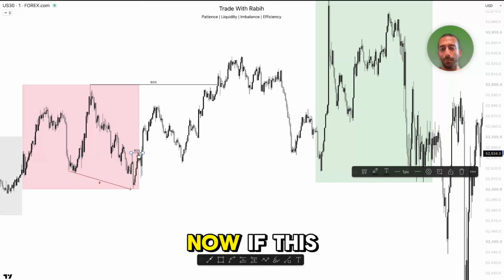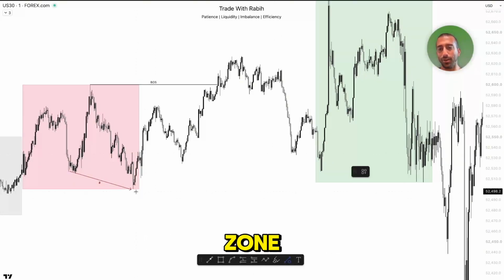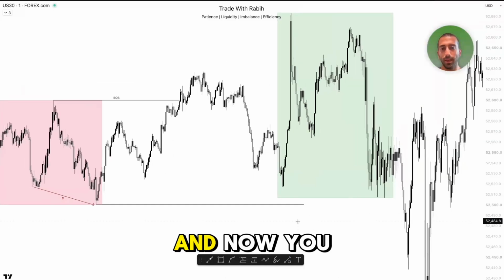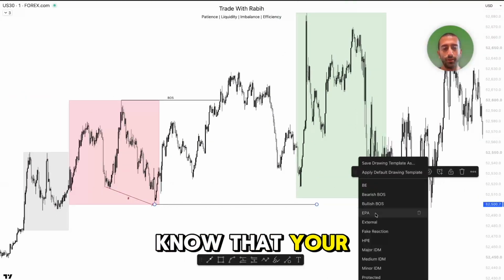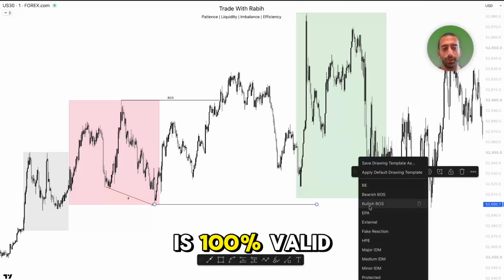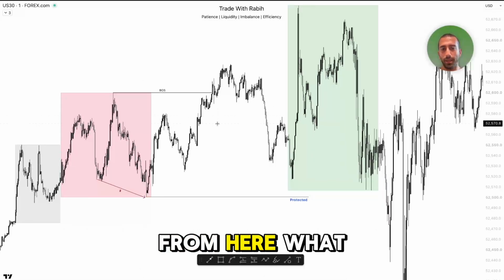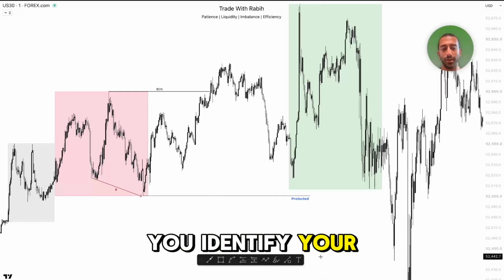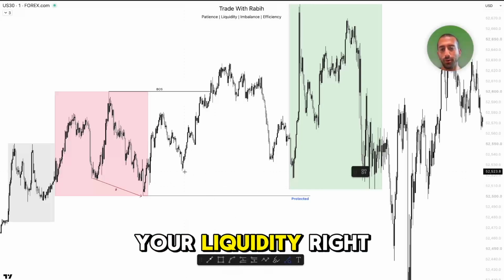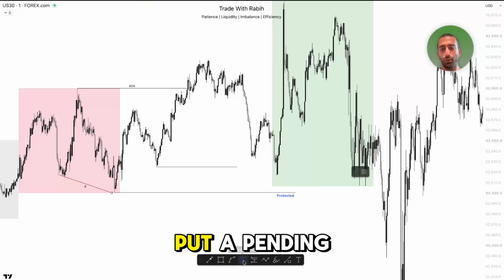Okay? Now, if this is your protected zone, and now you know that your break of structure is 100% valid from here, what do you do? You identify your liquidity. So this is your liquidity, right? And what you do is you put a pending order a little bit below it.